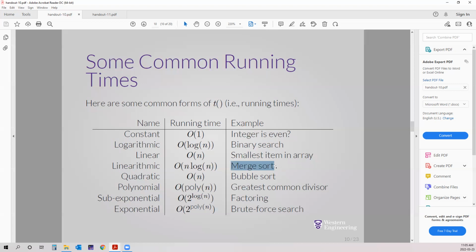Polynomial, big O of poly of N, like the greatest common divisor, GCD. The algorithm to find the GCD is of polynomial complexity.